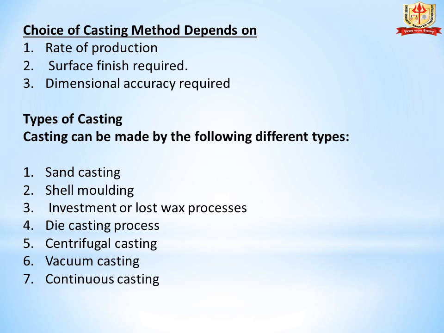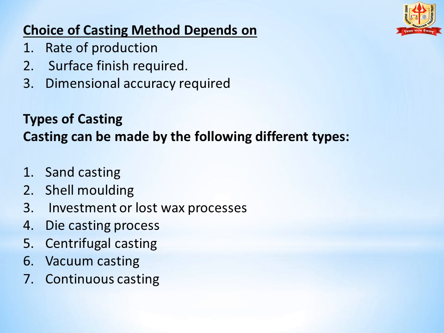Now we see the choice of casting method depends on, first, rate of production, second, surface finish required, and third, dimensional accuracy required. Then we study types of casting. Casting can be made by the following different types.